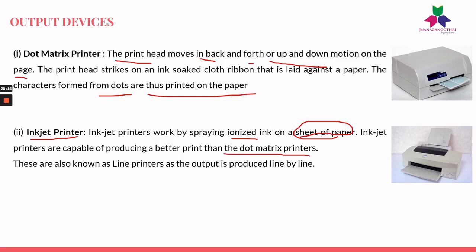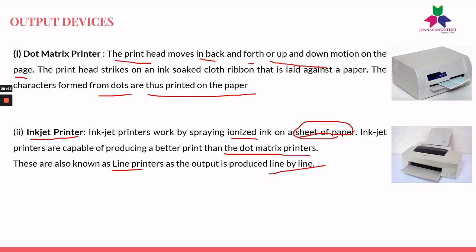A typical inkjet printer provides a resolution of 300 dots per inch. Newer models may offer higher resolutions too. These are also known as line printers, because they produce line by line output. Hence they are also called line printers.